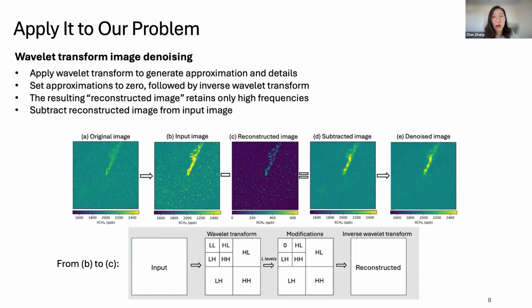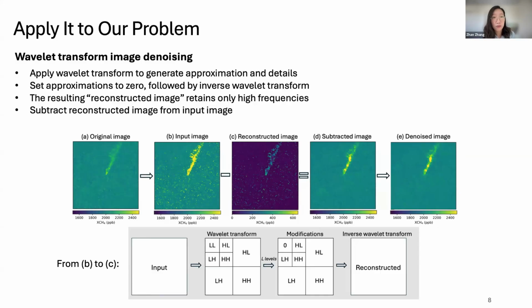In figure B, now the plume pixels are all consistent, but we also see that some background pixels are raised as well. But that's okay as long as those pixels still vary rapidly in space. These are still high frequencies, so they can be easily removed in the next step.